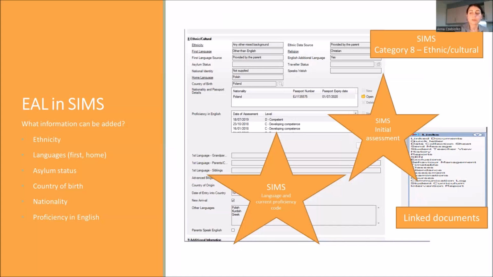So this information is really useful for all staff in school to learn. The more we know about these children, the better we can support them. So if we know their language, if we know the level of proficiency, we can ensure the best support takes place if we start personalizing for these children.